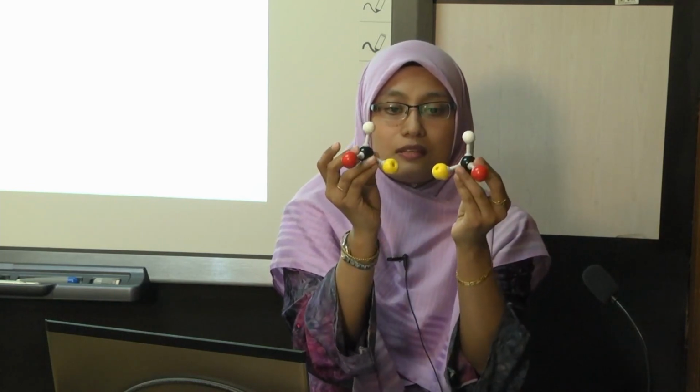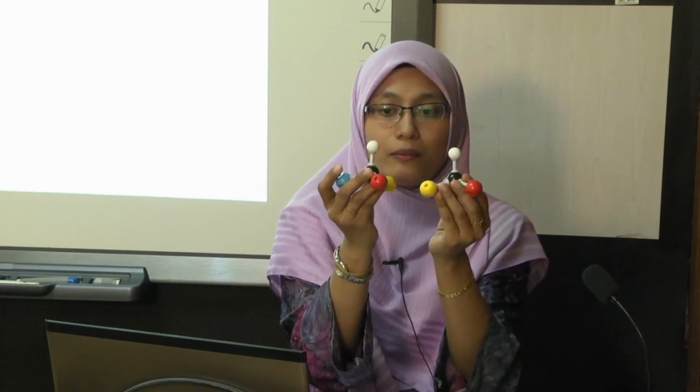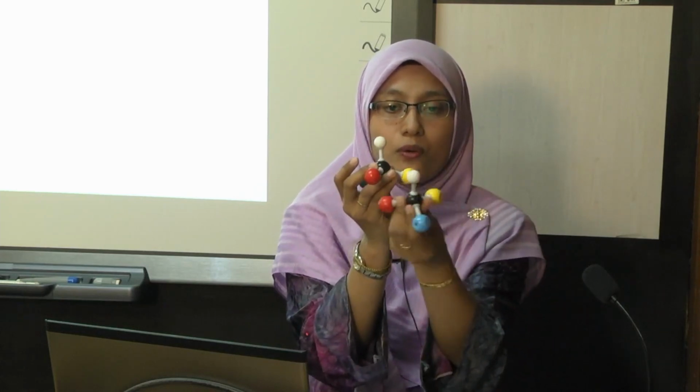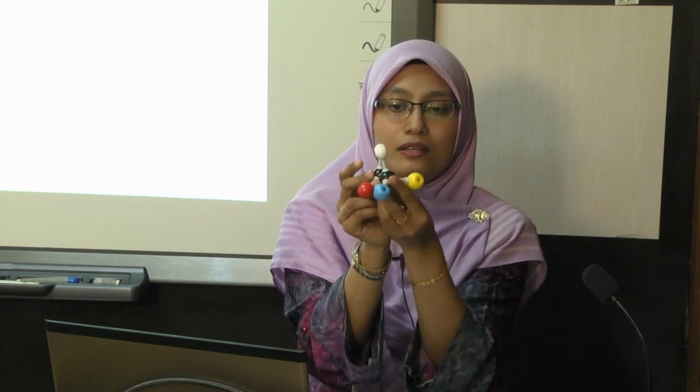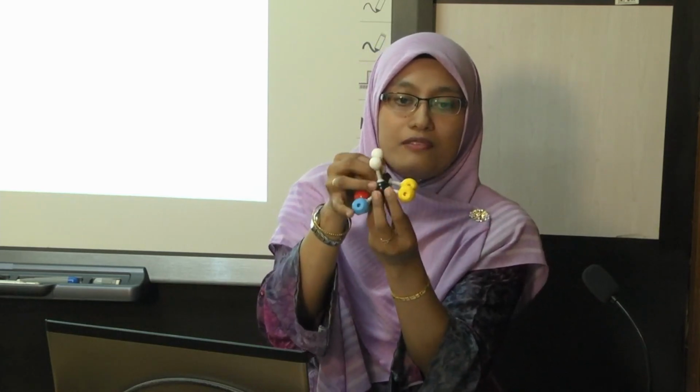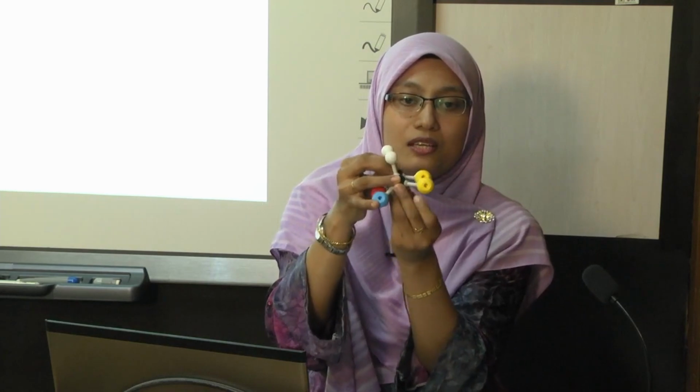Even when I try to align with the yellow, yellow is fluorine, you can see we have the hydrogen aligned to each other, we have the fluorine aligned to each other, but the bromine and chlorine here are not aligned.